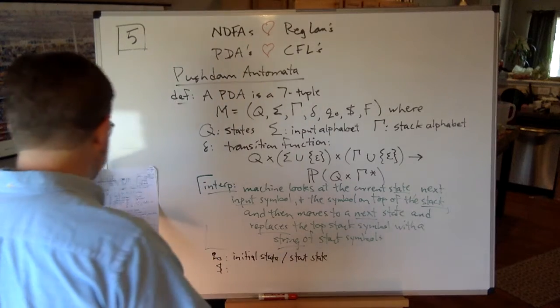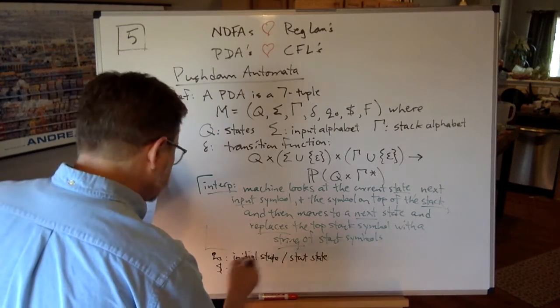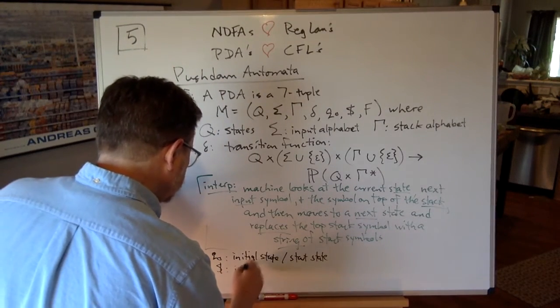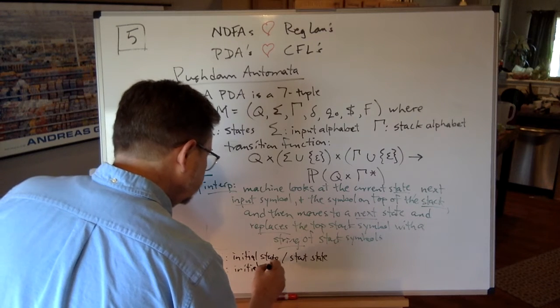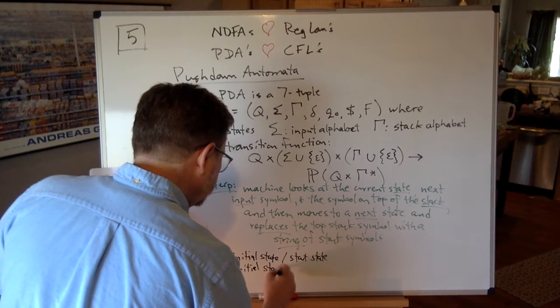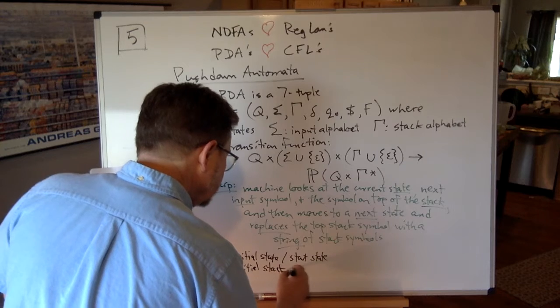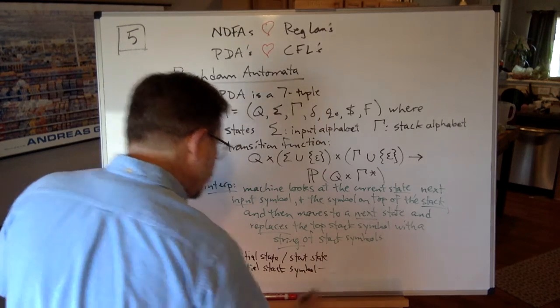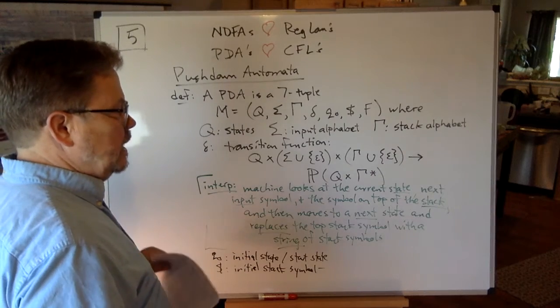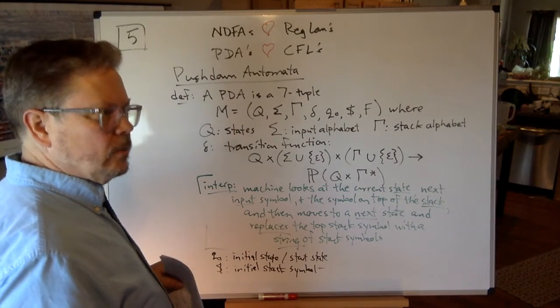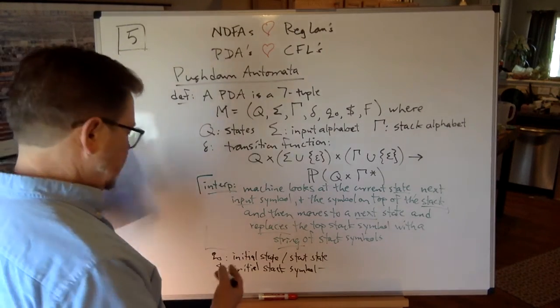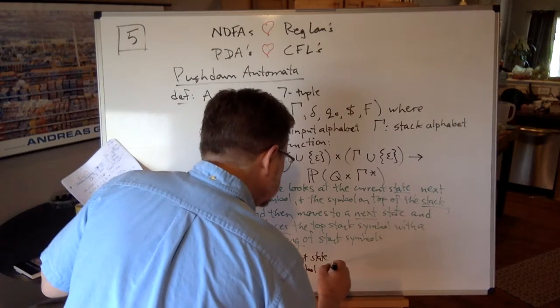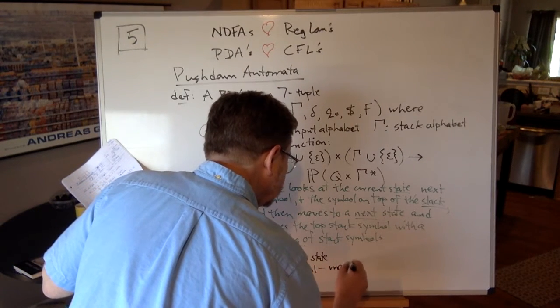That's the initial stack symbol or the bottom of the stack symbol. I'll just call it initial stack symbol. It starts off there. Dash, and then I'll describe it. It's almost like a sentinel value in a way. Is that how I want to think of it? Why not? Initial stack symbol. This marks the bottom of the stack.